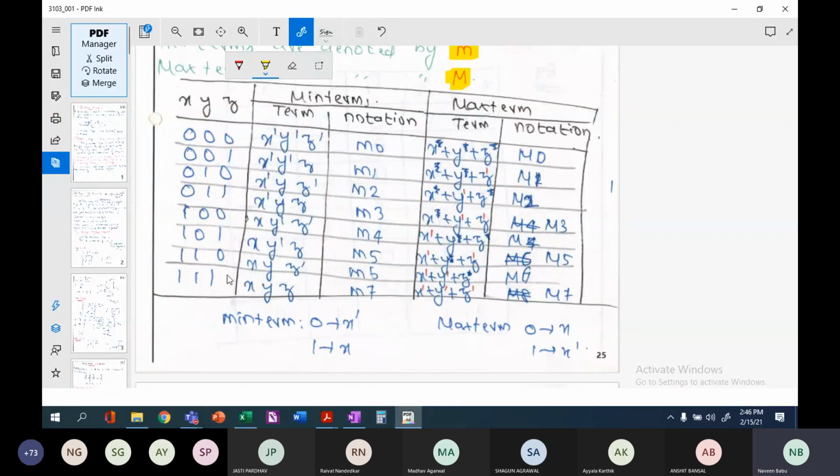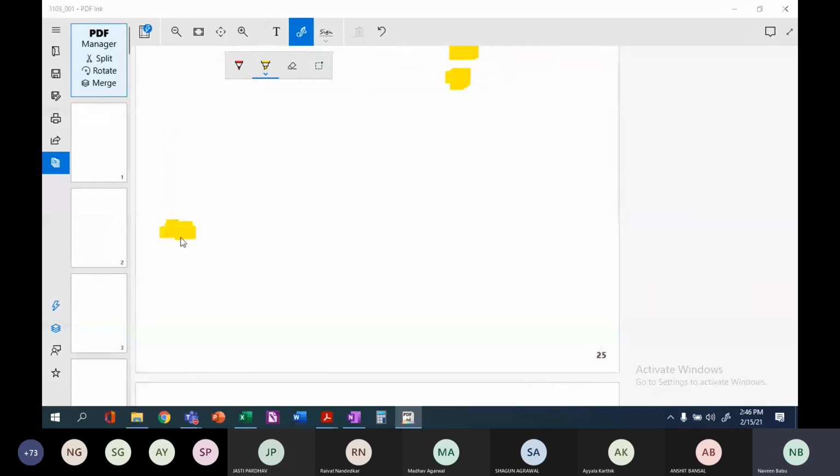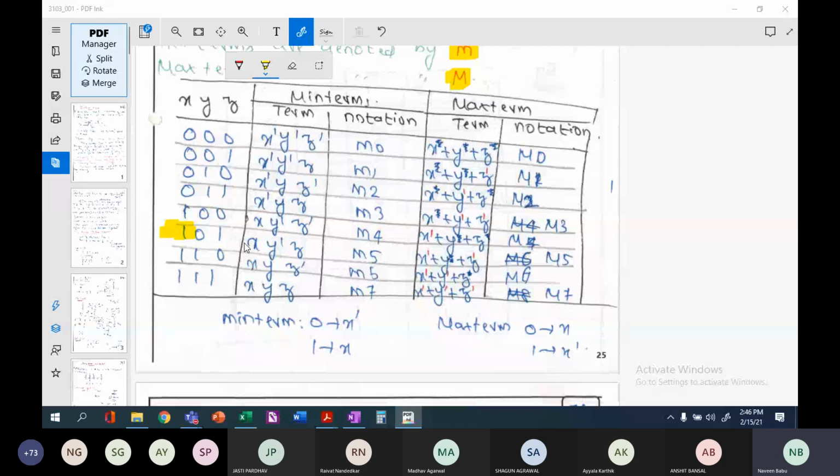So you see here, I'll take a random example, 101. The minterm is x y bar z.